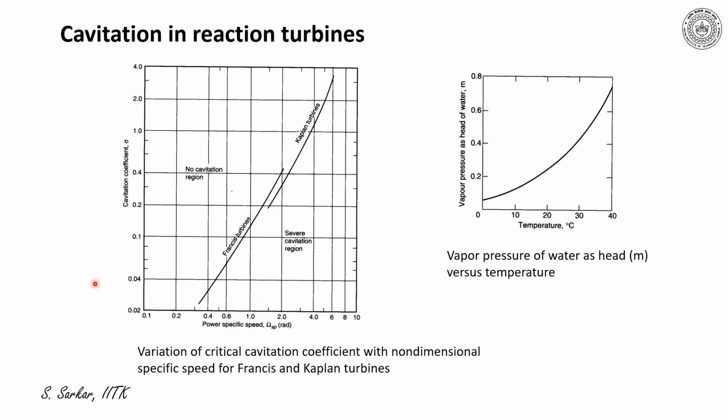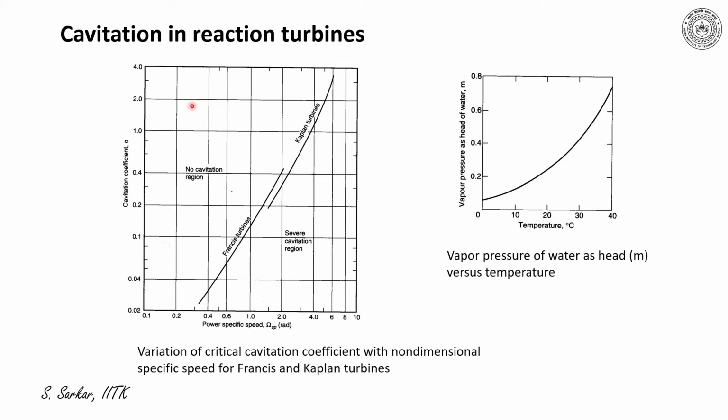I have presented here a figure illustrating the variation of critical cavitation coefficient sigma C with respect to non-dimensional power specific speed, omega SP, in radian for Francis and Kaplan turbine.